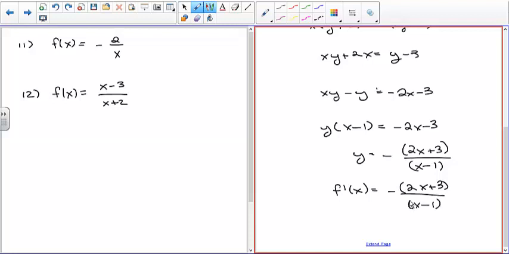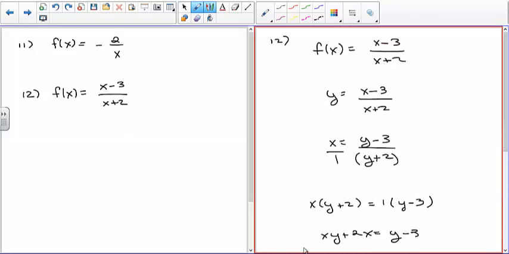So let's go back up here. Here's my original function.